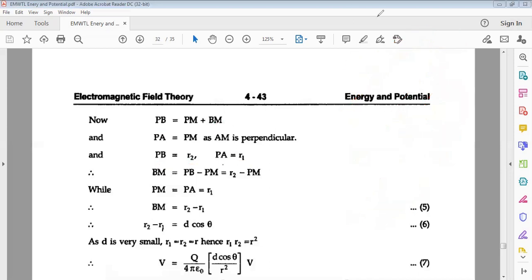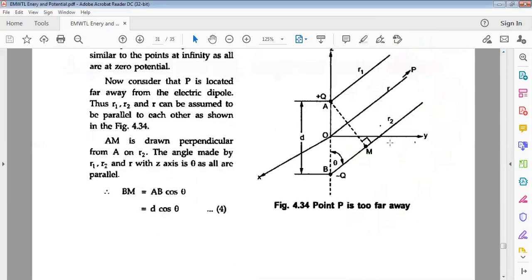There may be a little bit of confusion, so I will explain here itself. See, this is the point P. Let us take P here also, and here also. Now, PB is the total distance.